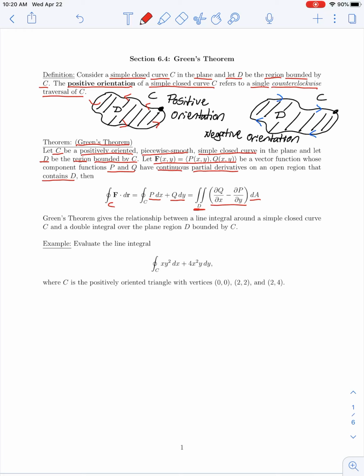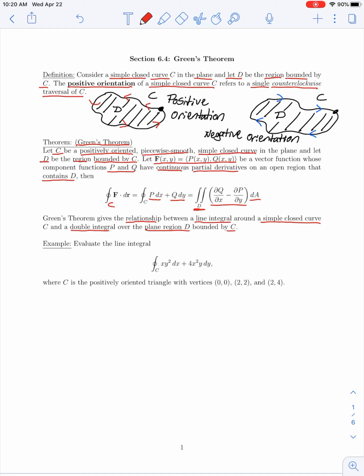So what Green's theorem is doing is giving us a relationship between the line integral of a vector field around a simple closed curve and the double integral over the plane region D, which is bounded by that curve.